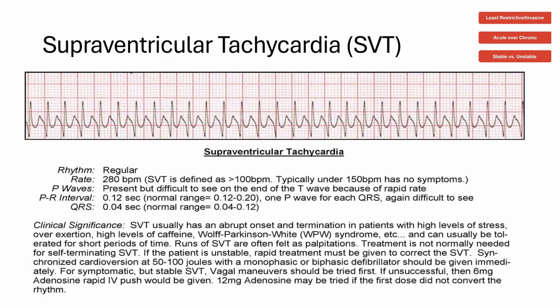What adenosine is going to do is slow down the heart rate enough for us to see what that underlying rhythm is, because we treat AFib differently than we treat, let's say, SVT caused by sinus tachycardia, which is rare, but we treat both of those rhythms differently. And you may see other medications given, such as metoprolol to slow down that heart rate. You may see other medications like amiodarone. But I want you to know that adenosine is going to be a primary medication.